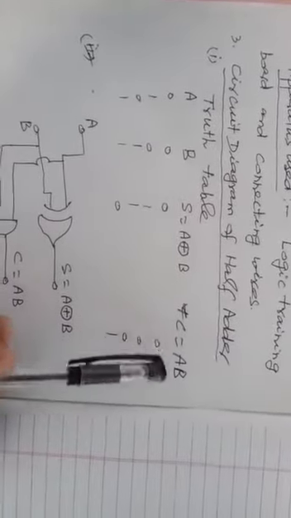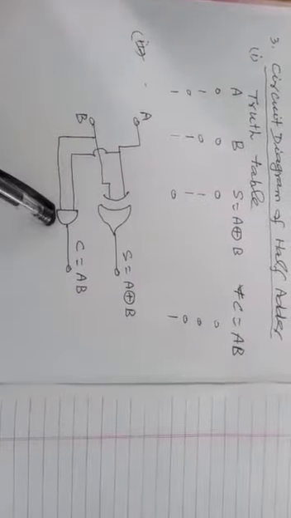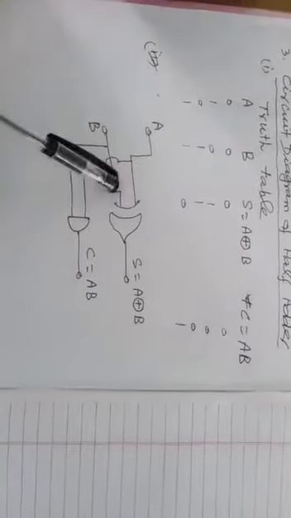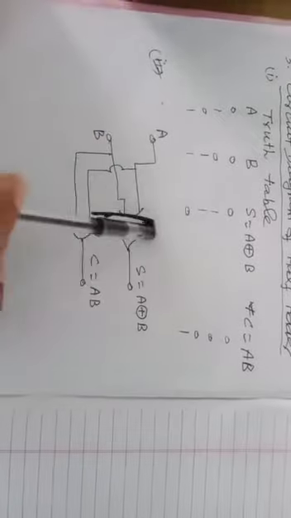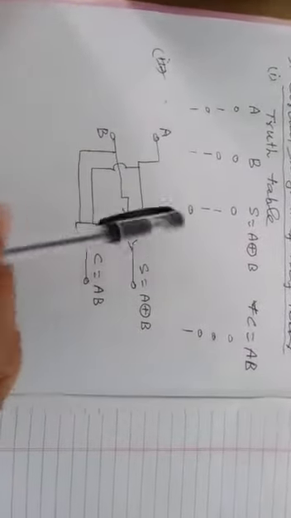This means A has 4 values: 2 values go to the AND gate and 2 values of A go to the exclusive OR gate.